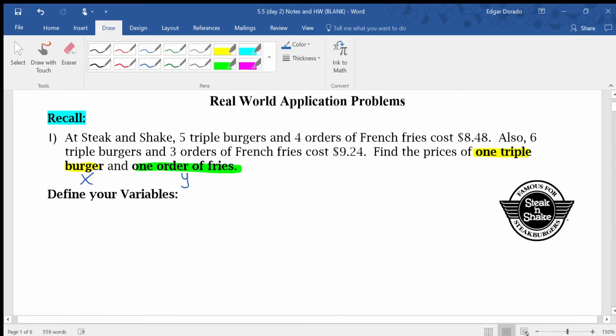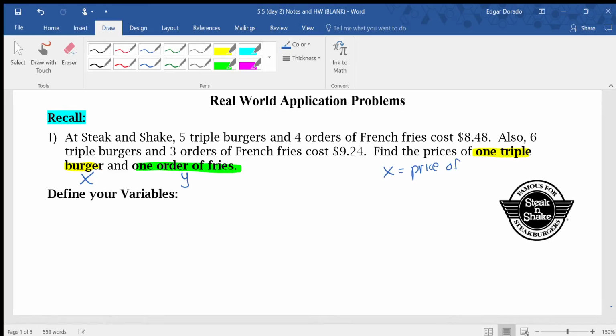Let's write that down here on the side to keep track of that. So x is the price of a triple burger and y will be the price of fries. All right, we defined our variables.